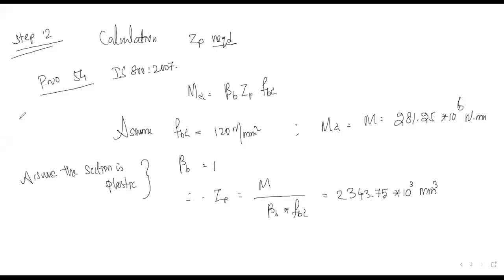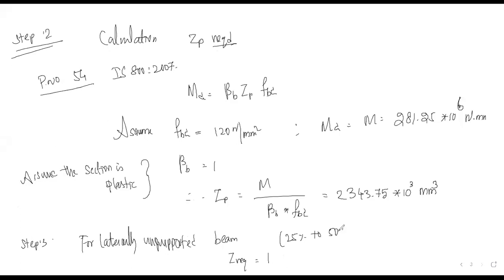So we can go for step 3. For laterally unsupported beam, Zp required is normally 25% to 50% additional value of Zp requirement.